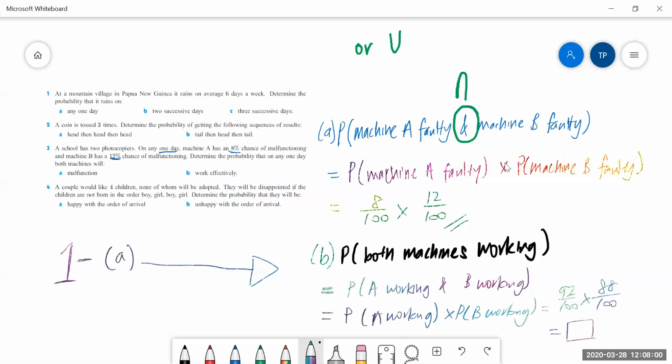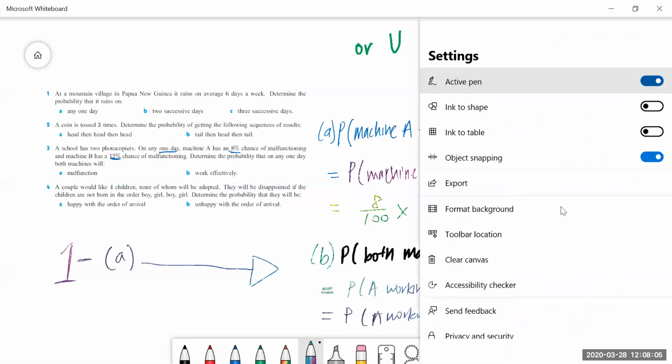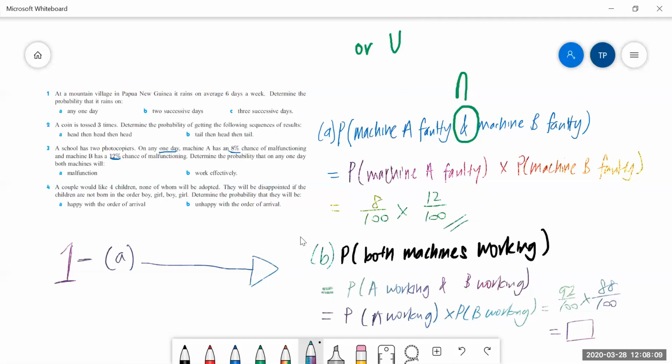I think this is also good practice. Okay, let me see. How much more do we have?